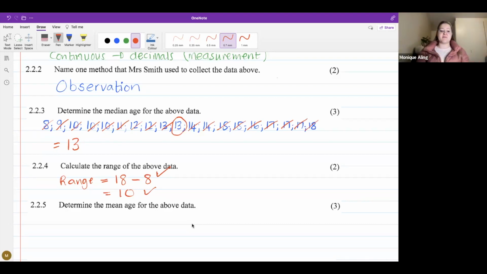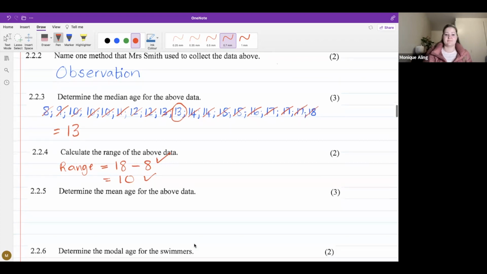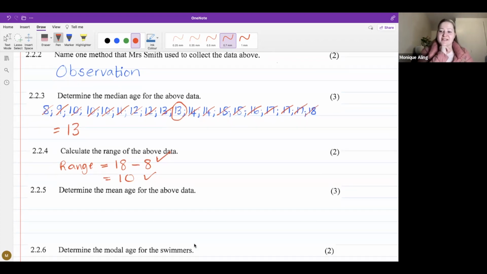Okay, so remember with the mean, we add all our numbers together and we divide by the amount of values we have. Let me know when you guys have your answers.